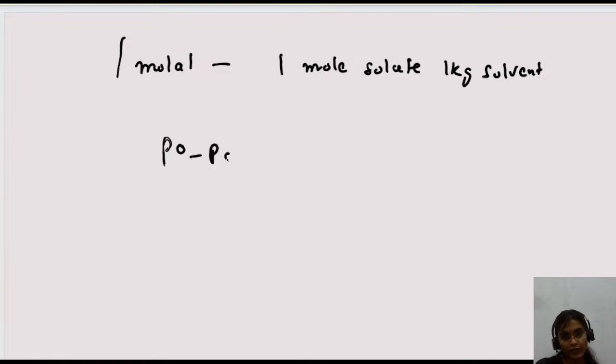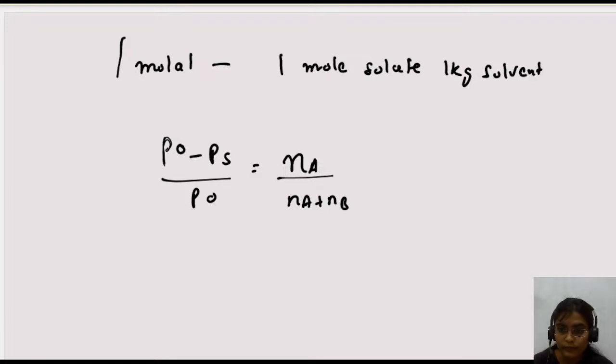P naught minus Ps divided by P naught is equal to N of A divided by N of A plus N of B. Some kind of molar mass is also given. This much information is given.